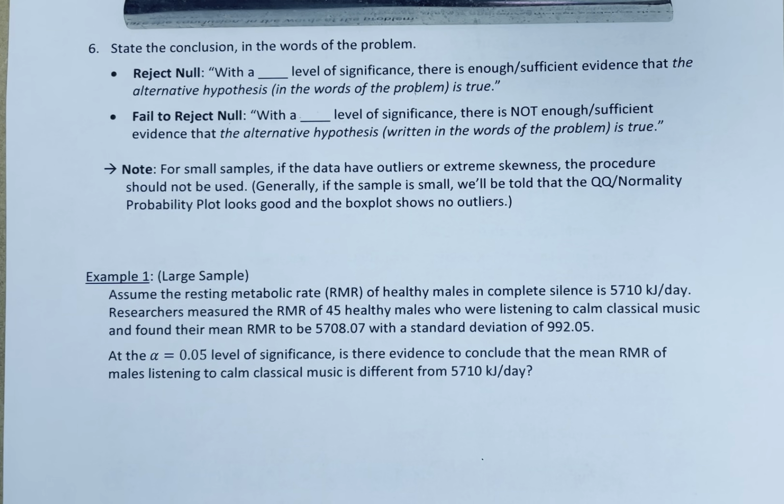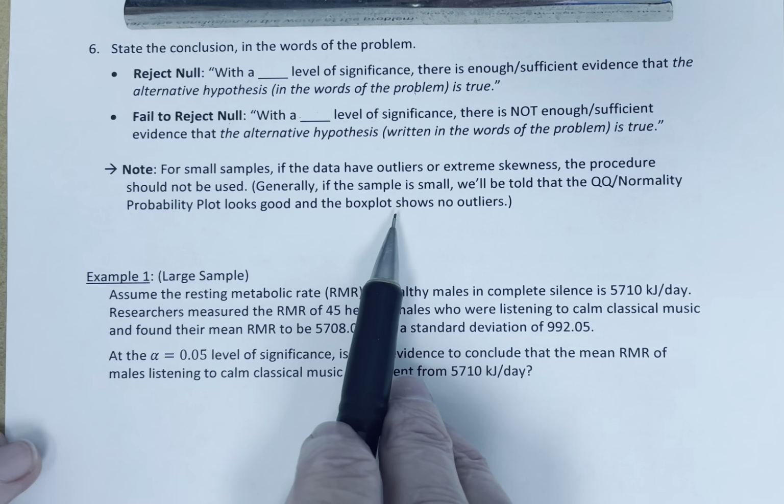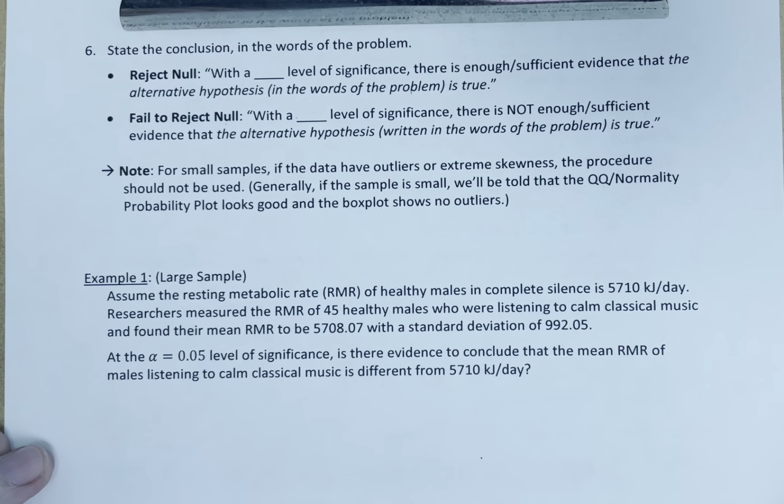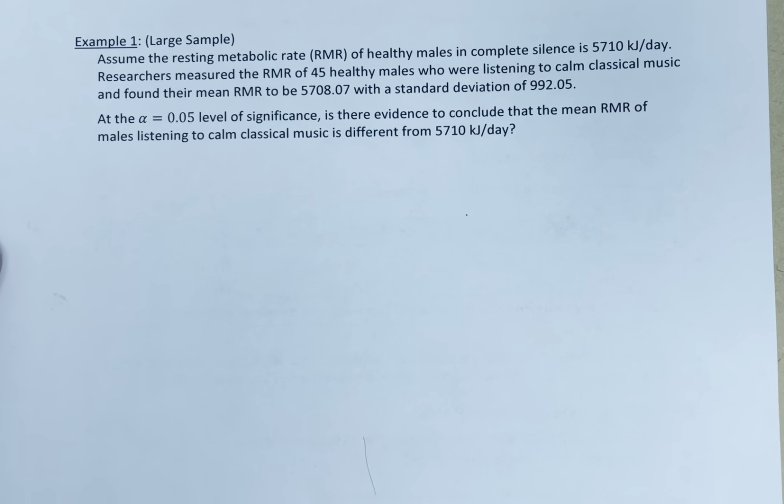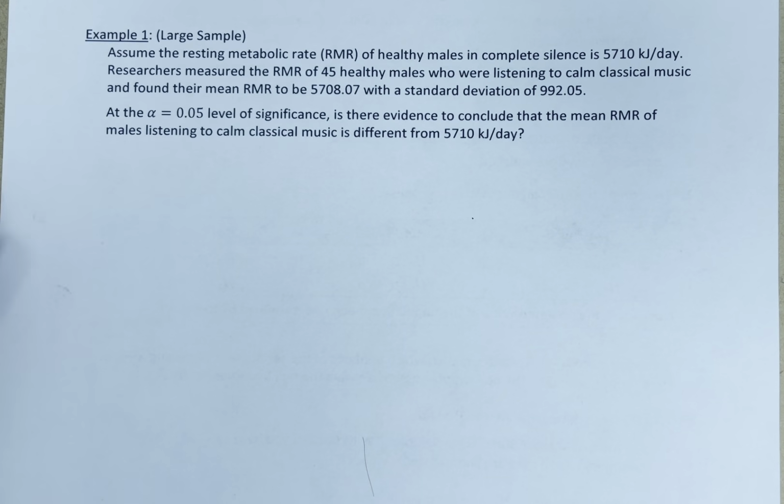We've checked that in the past. We've gone to the QQ plot and compared that number to the requirements in our chart, and we've also gone to the box plot looking for outliers. We'll generally be told that things are probably just fine. Otherwise, we'll have to go there. Okay, we'll do 2 examples, a large sample example and a small sample example.